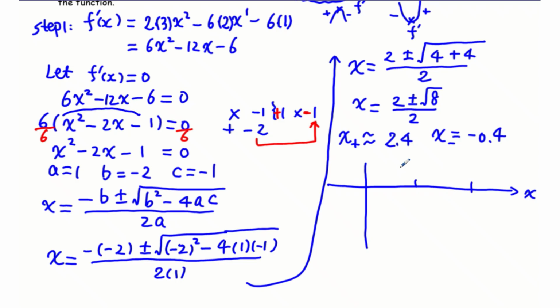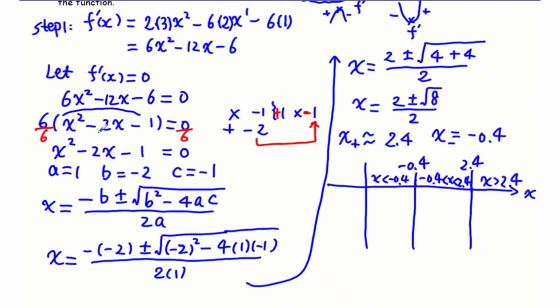We are going to divide this x-axis into 3 intervals. So this is f prime equals 0, f prime equals 0. This is x less than negative 0.4. This is x between negative 0.4 and 2.4. And this part is x greater than 2.4.